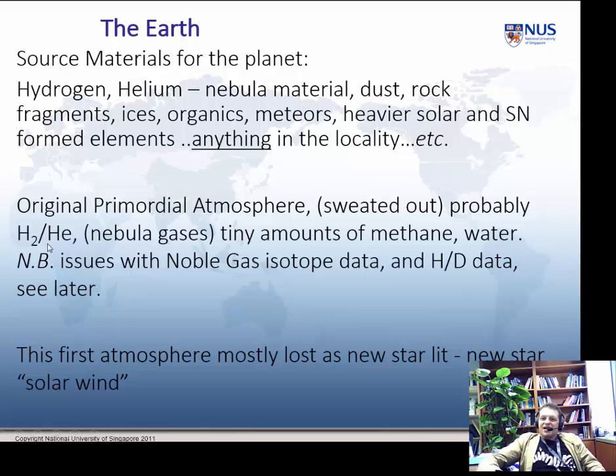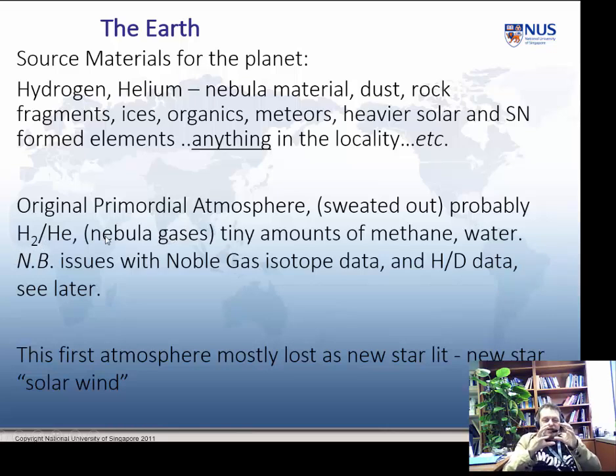the nebula gases, hydrogen, helium, work their way out of the solid, maybe melting mass. The tiny amounts of methane and water also work their way out. And these form our first atmosphere.